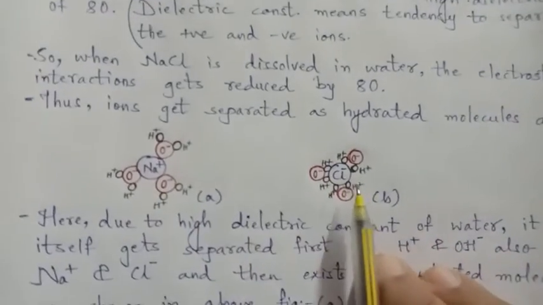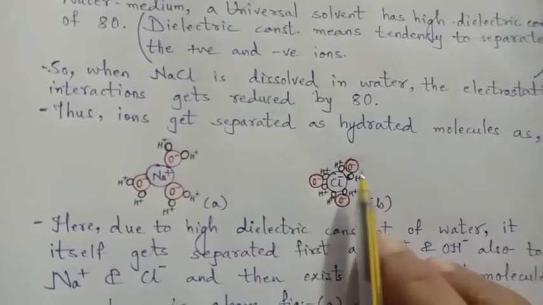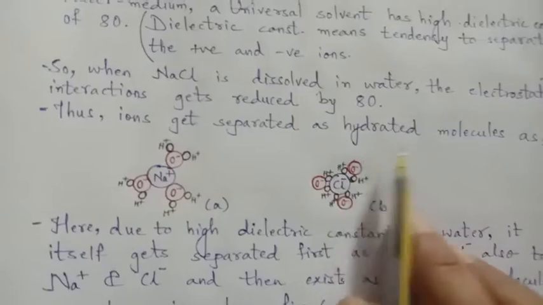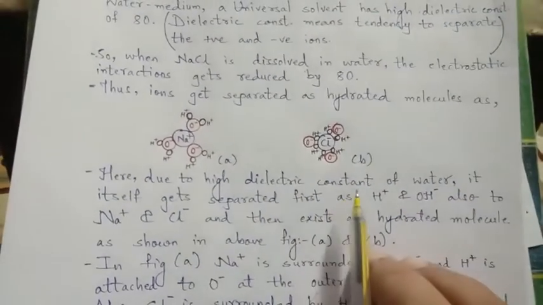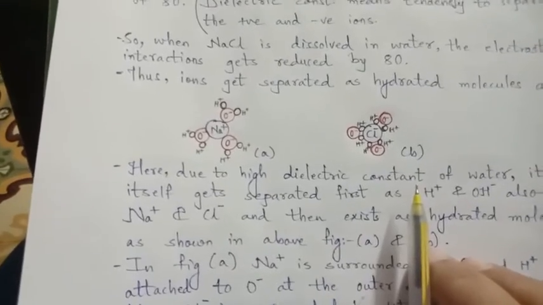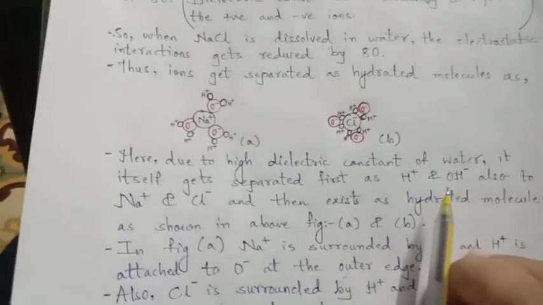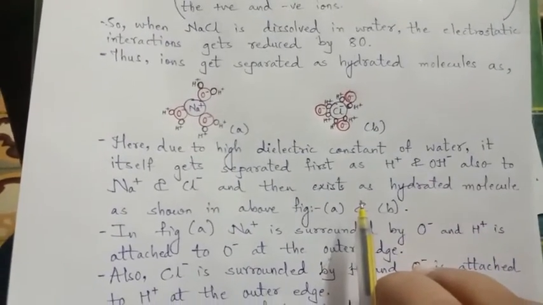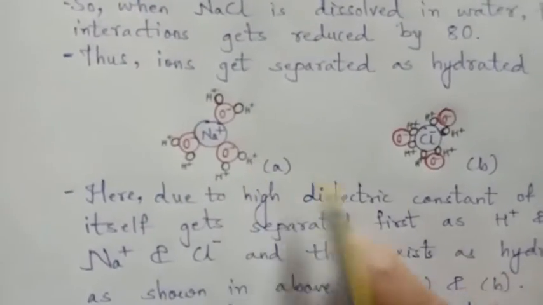For Cl-, being negative, H+ is gathered by it, and so on. Due to water's high dielectric constant, Na+ and Cl- exist as hydrated molecules as shown in figures A and B.